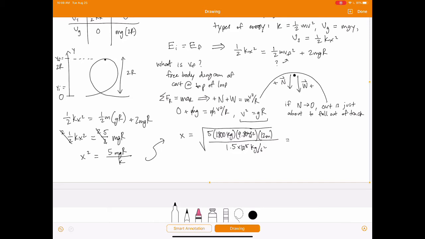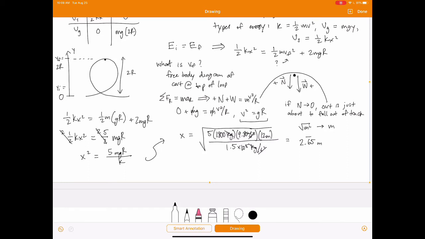Let's see how the units work out. Kilograms cancel, seconds squared cancel, and then we just have meters squared inside of the square root, but that gives us meters after we square root it. And this works out to 2.65 meters.